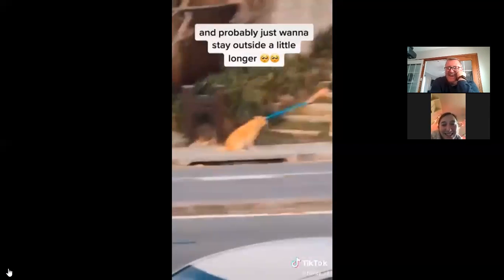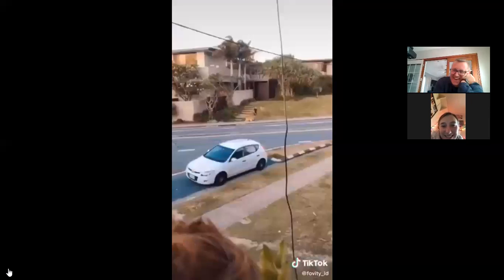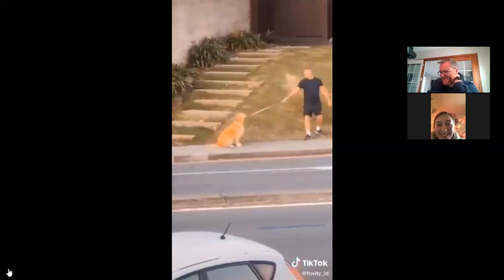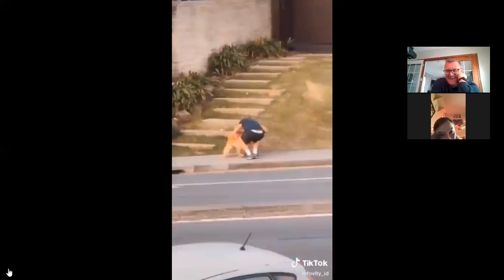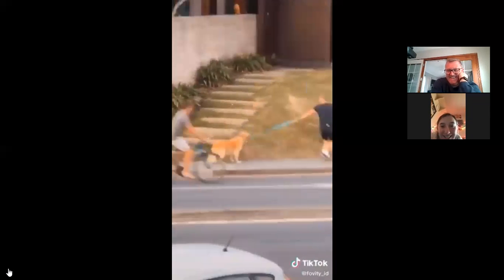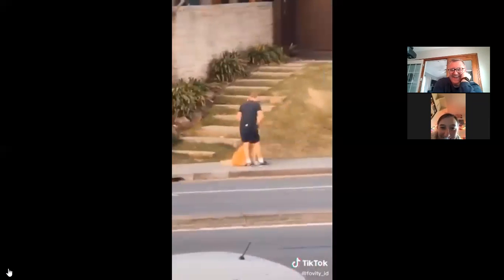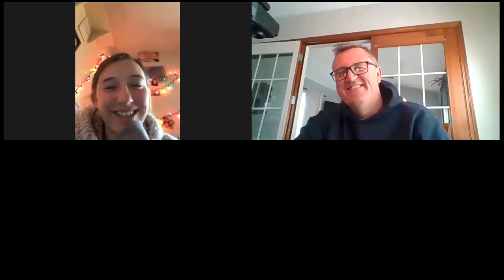Look. Oh, that made me laugh. That dog would not move. That's a golden retriever for you.